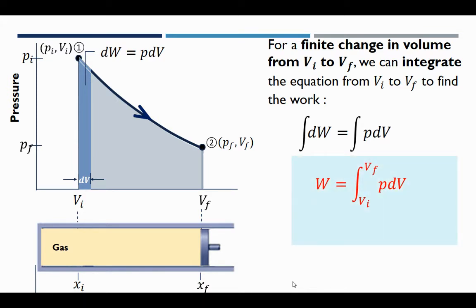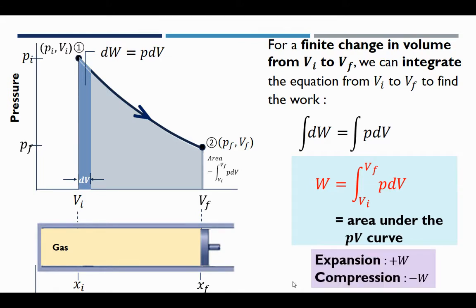We will get the total work done W equal to the integral of P dV from the initial to the final volume. This is equivalent to the area under the PV curve. During the expansion, the work done is positive, and during the compression, the work done is negative.